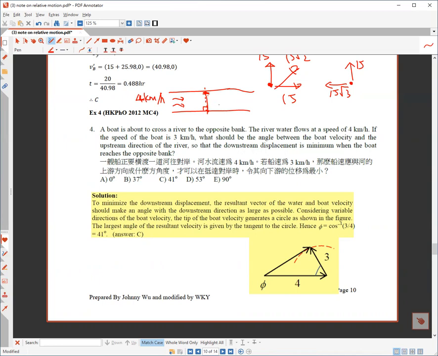But in this case, it can't, because if it wants to travel, I think, sorry, I pressed the wrong button. In this case, if it wants to travel vertically upwards, like what I said, with zero downstream displacement, then it needs to have a speed larger than 4, such that when you do these two additions, okay, the resultant vector can point upwards.